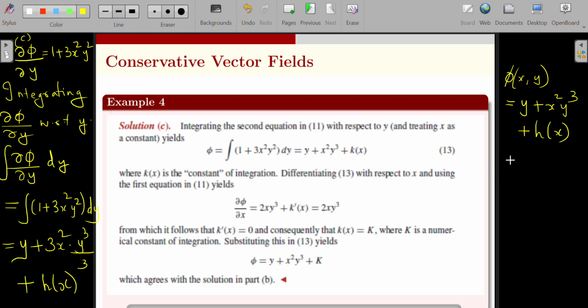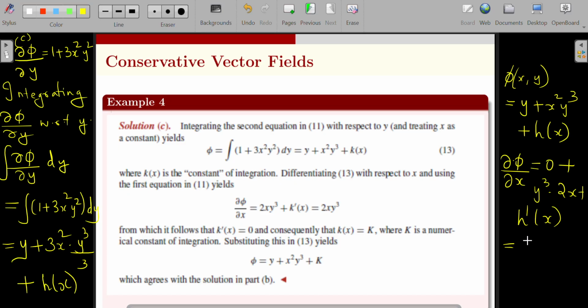As earlier, you just calculate dou phi by dou x from this particular expression. So dou by dou x of y is equal to 0, plus dou by dou x of x square y cube, which is y cube into 2x, plus dou by dou x of h of x, which is h dash of x.